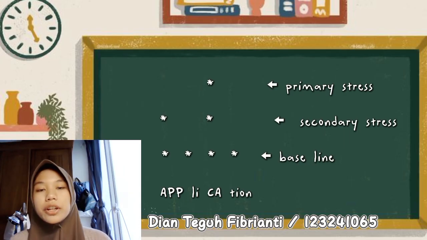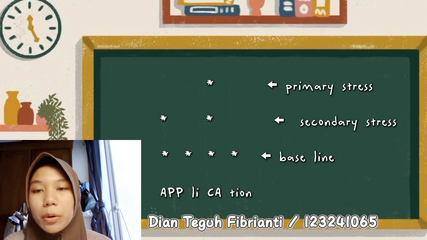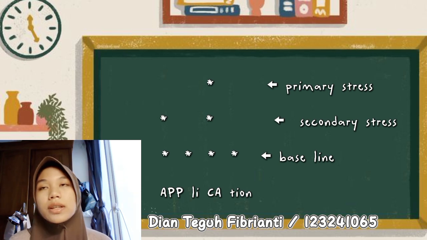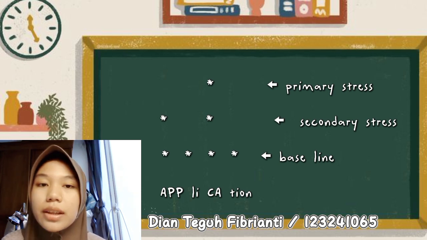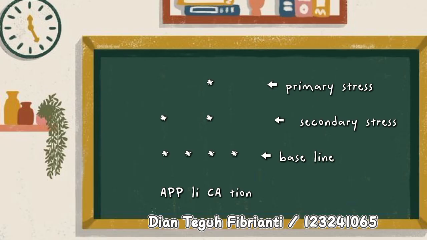So the higher the mark is, the higher the stress is. For the word application, we put marks in all three rows for the syllable with primary stress, which is the highest stress in the word, and for the syllable app, we put the mark on the secondary stress row and also the baseline.